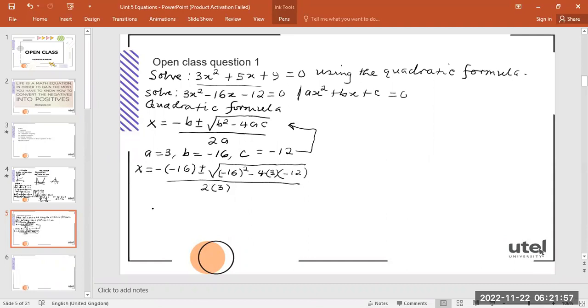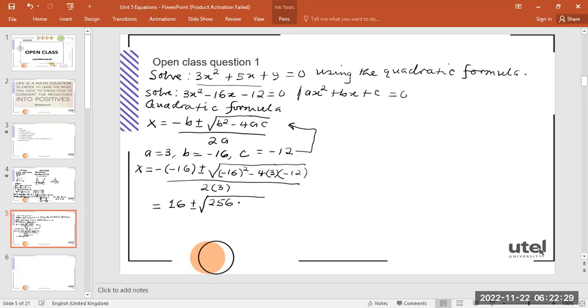Now this translates to minus minus will become positive 16. So here we are going to be left with 16 plus or minus the square root of minus 16 squared. If you multiply minus 16 by minus 16, that gives you positive 256. Now, if you multiply 3 by minus 12, that gives you minus 36.